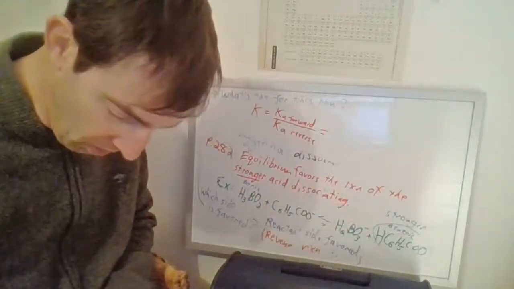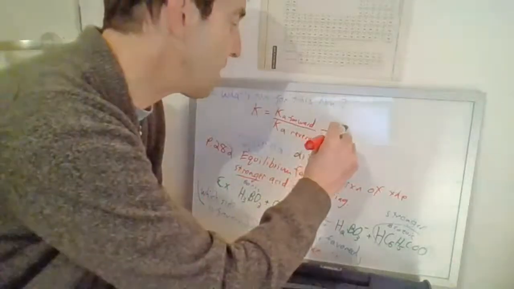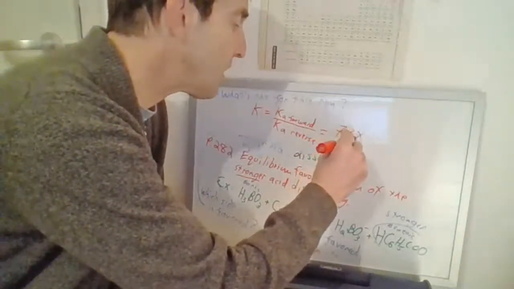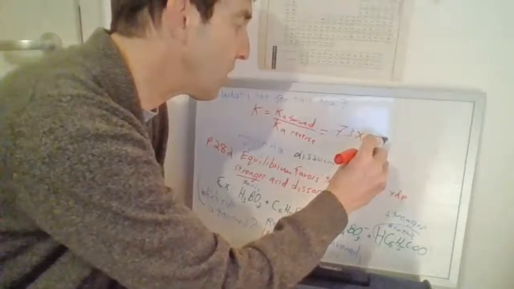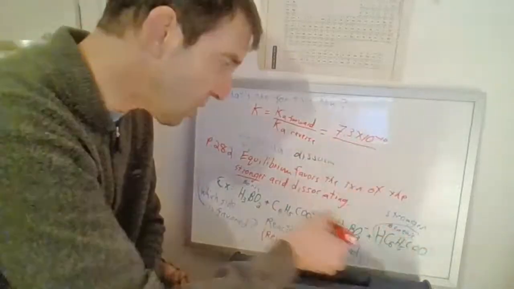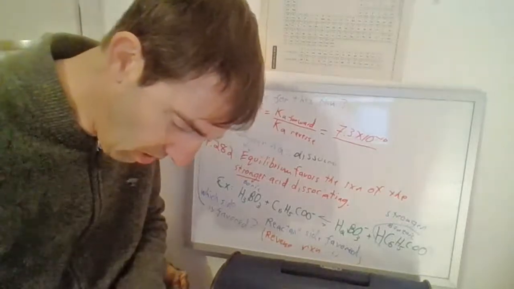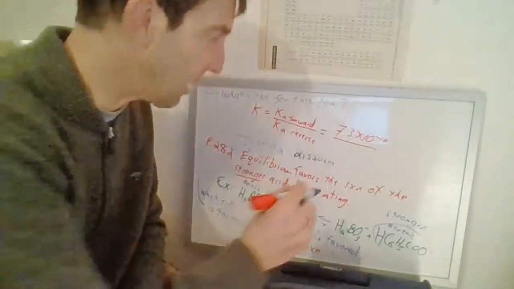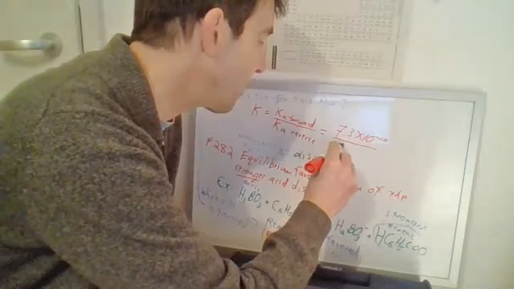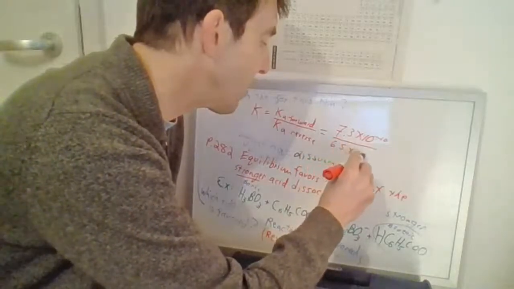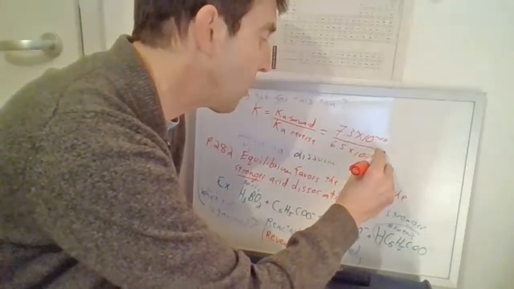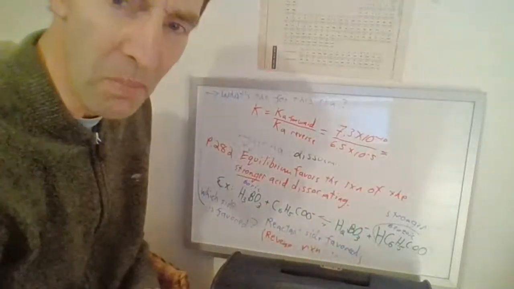Let's find boric: 7.3 times 10 to the negative 10th, divided by, well, the reverse one is the benzoic, so that's 6.5 times 10 to the negative 5th. Equals. We can kind of estimate that, can't we?